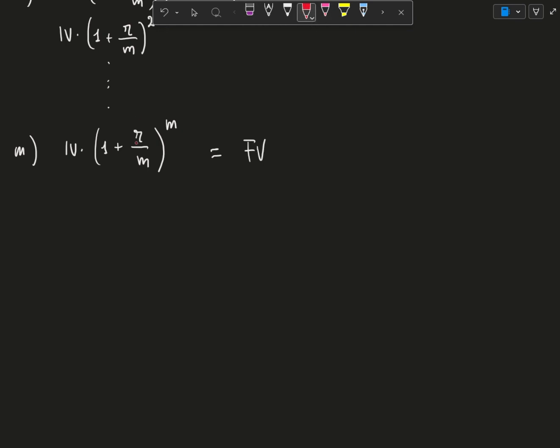So why don't we find the formula to solve for R?